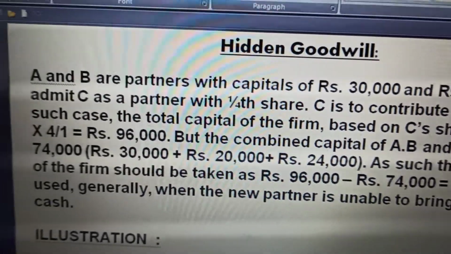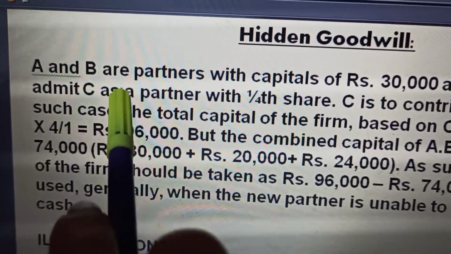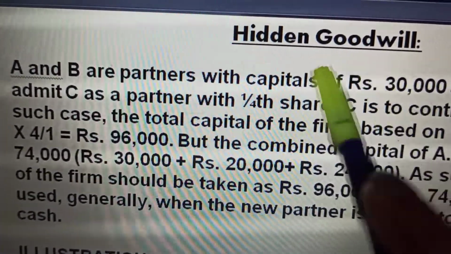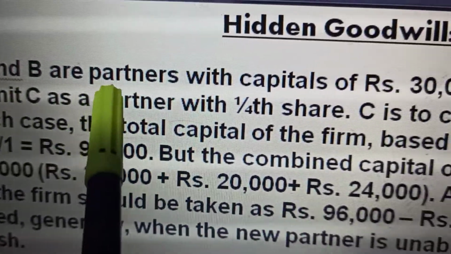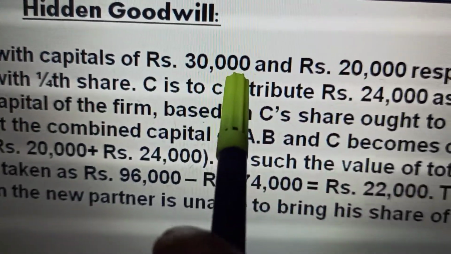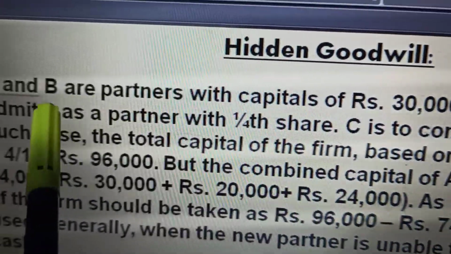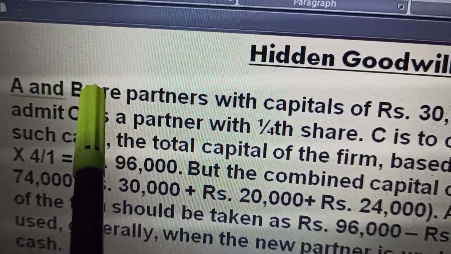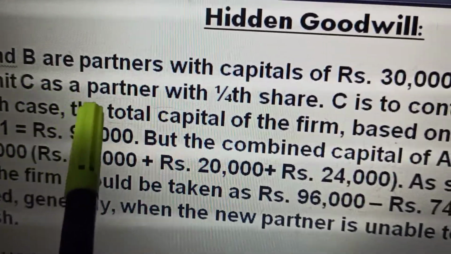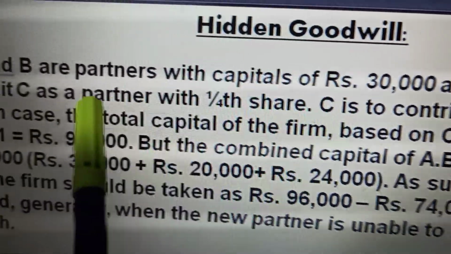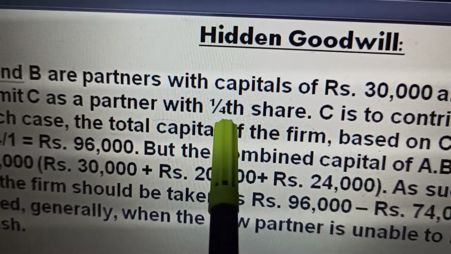Let us see how. Now, A and B, this is an example to make you understand the meaning of hidden goodwill. If A and B are partners with capitals of 30,000 and 20,000 respectively, they admit C as a partner with 1/4 share.